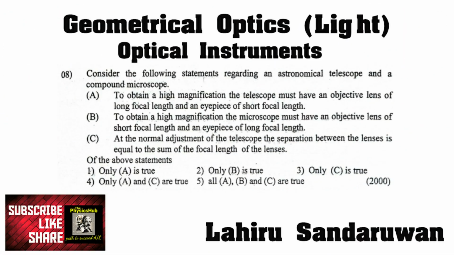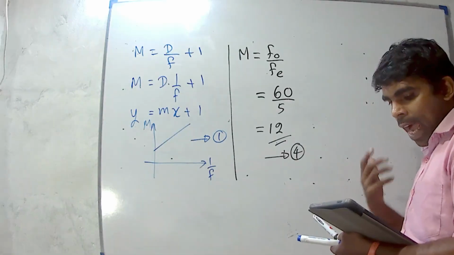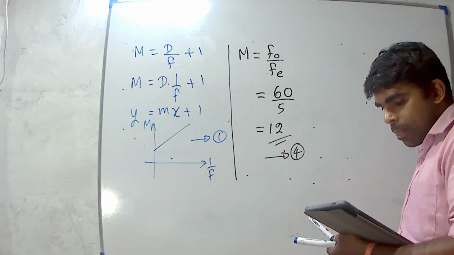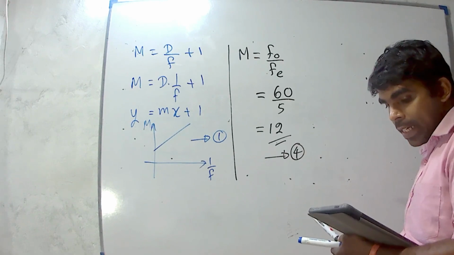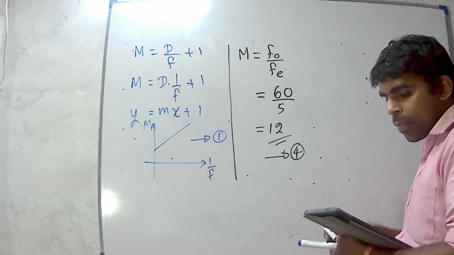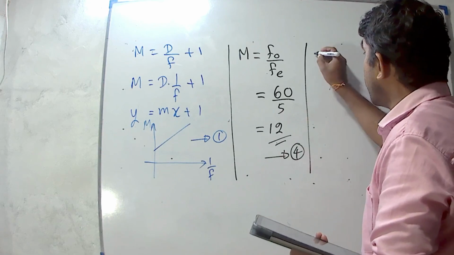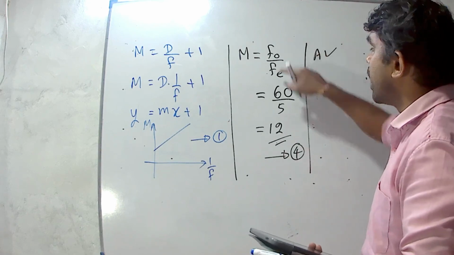Consider the following statements regarding an astronomical telescope and a compound microscope. Part A. To obtain high magnification, the telescope must have an objective lens of long focal length and eyepiece lens of short focal length. Yes, it is correct. We know that F0 should be greater than Fe.